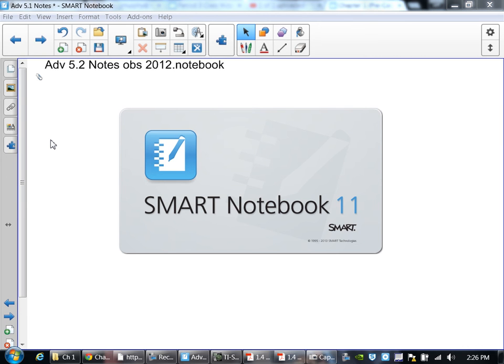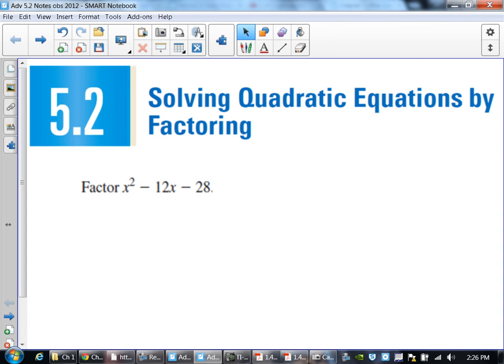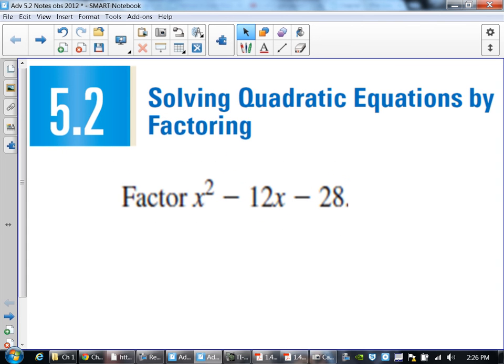The idea behind that, go ahead and get your stuff back out. The idea of doing this is really to prove your factoring quickly. It's knowing your times tables.